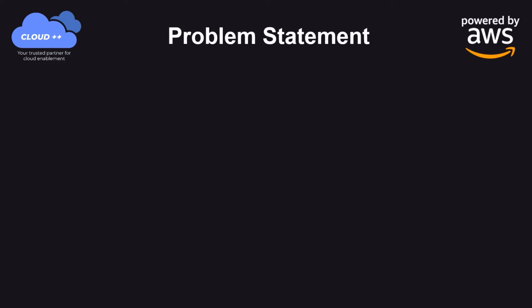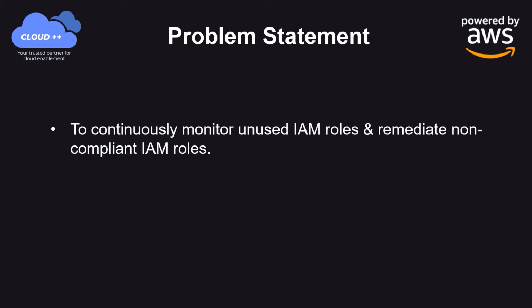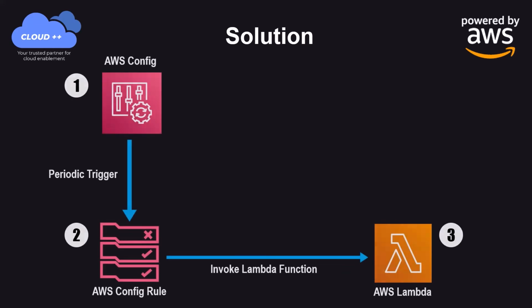Problem statement. Continuously monitor unused IAM roles and remediate non-compliant IAM roles. Use automation to improve productivity. Solution. AWS Config executes the AWS Config custom rule daily, and this frequency is configurable, which in turn invokes the Lambda function.